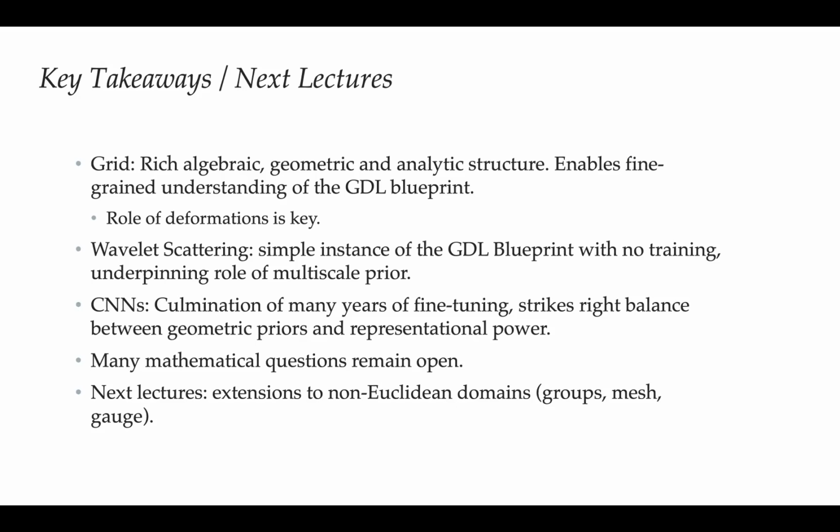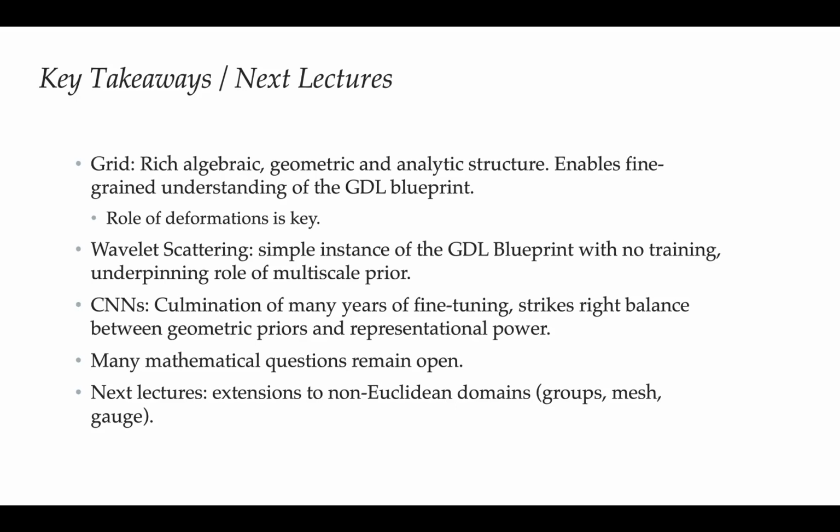CNNs, I view them as a culmination. It's almost like the perfect algorithm, a perfect architecture that has the right balance between geometric bias and representational power. Again, there are many things that are still open in terms of understanding. In the next lectures, we are going to move beyond the grid world and see how this blueprint can be instantiated beyond this domain.